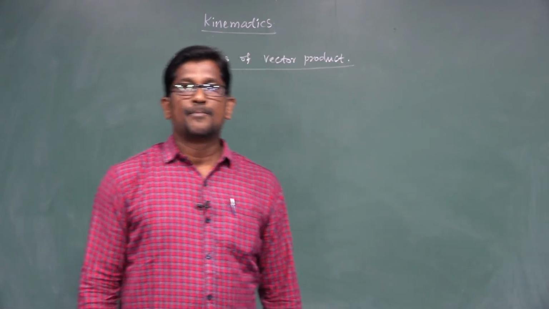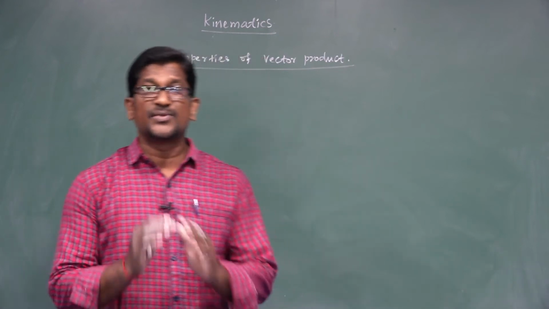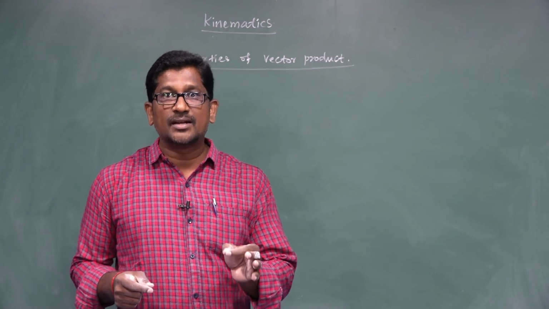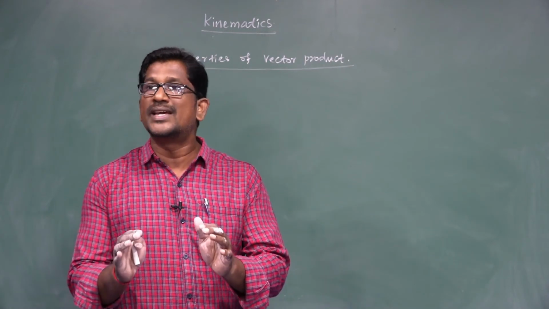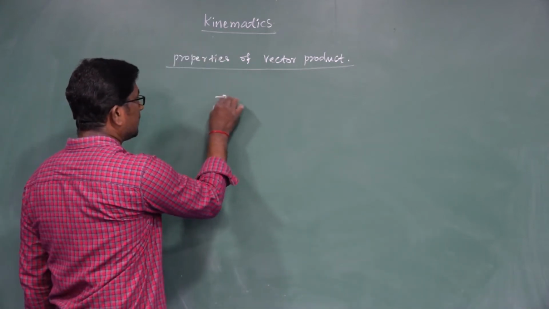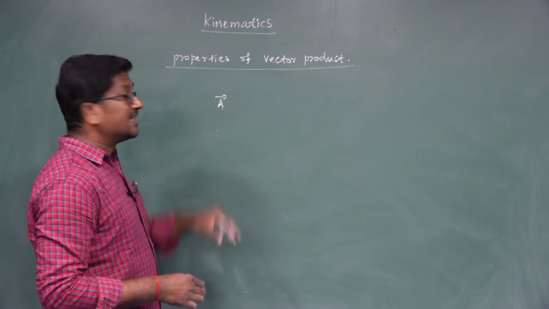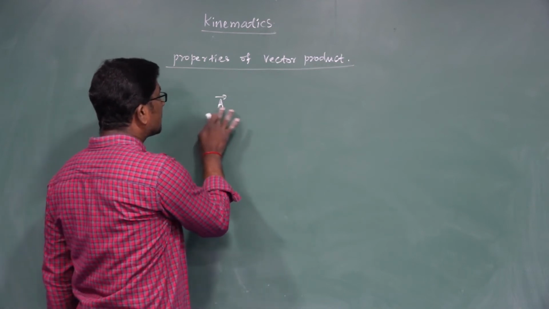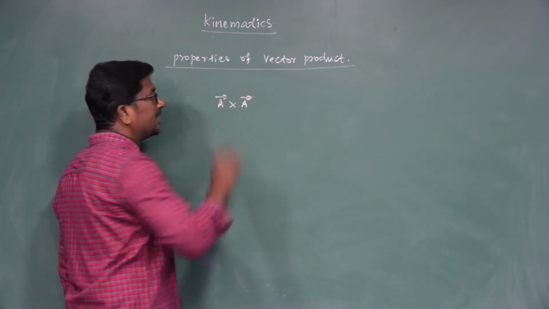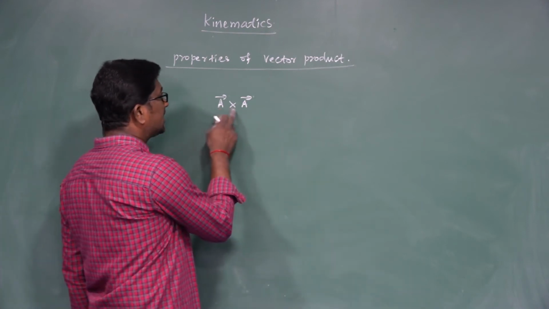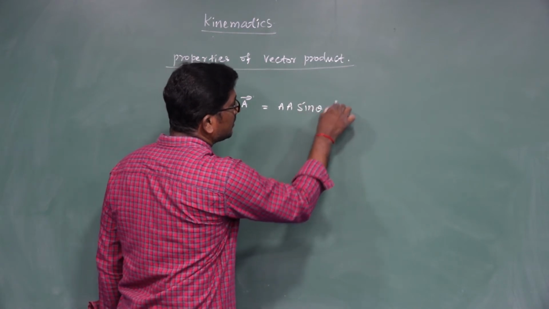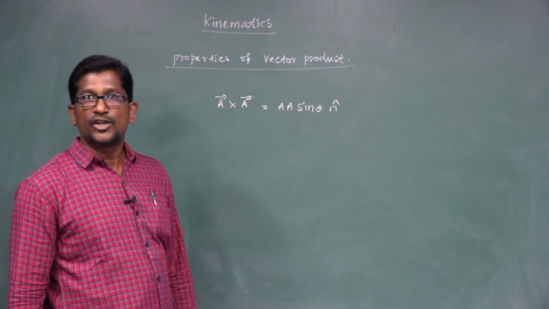Next, fifth one, the self cross product is always a null vector. That is, a product of a vector with itself is always a null vector. Null vector means 0 vector. For example, a given vector is A. The self cross product or vector product is represented by A vector cross A vector, which is given by A A sin theta into n cap.